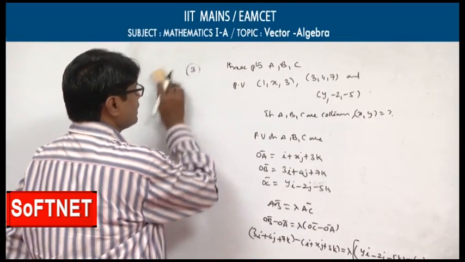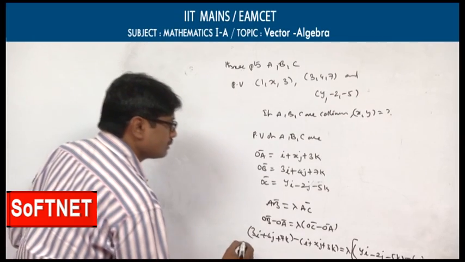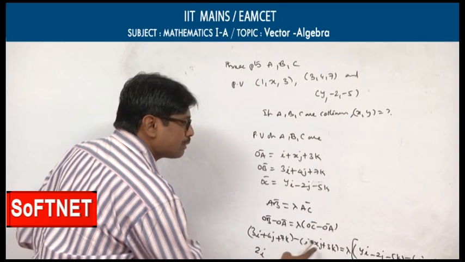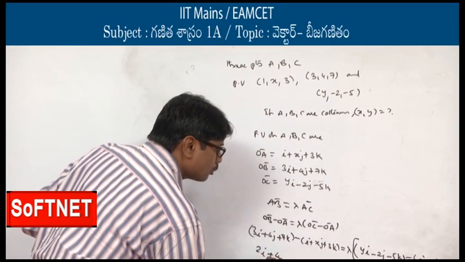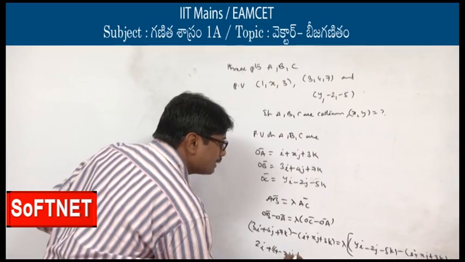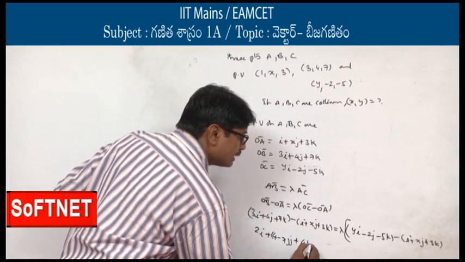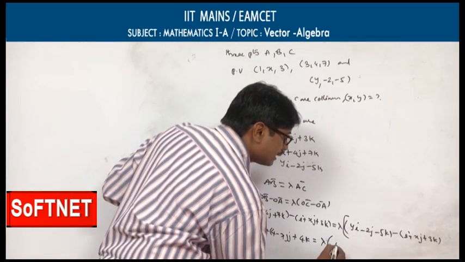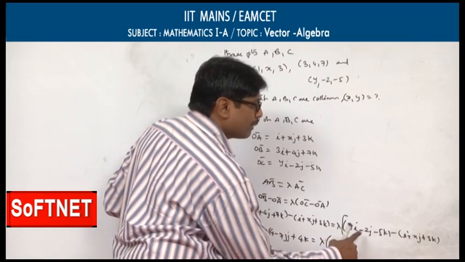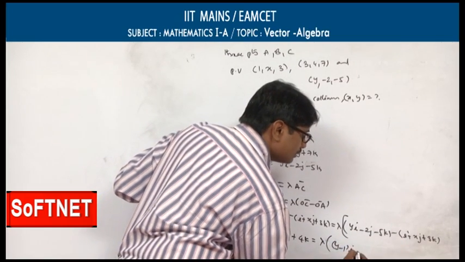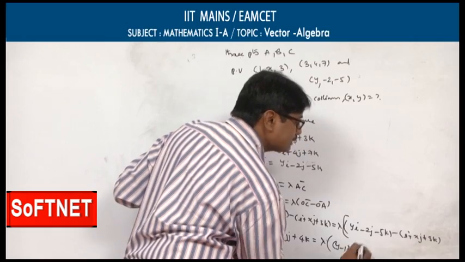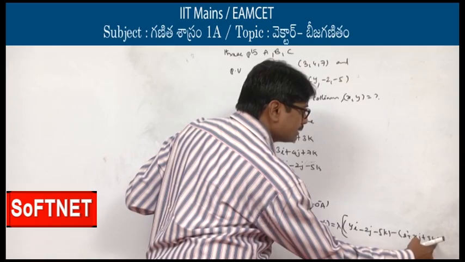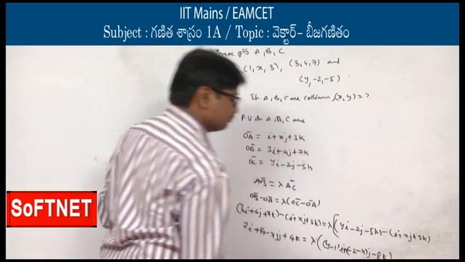On equating, we notice that I bar component wise, 3I bar subtracted by I bar is 2I bar, and 4J bar subtracted by xJ bar is 4 minus x times J bar, and 7K bar subtracted by 3K bar, that is 4K bar, is equal to lambda times yI bar subtracted by I bar, that is y minus 1 into I bar, minus 2J subtracted by xJ bar, that is minus 2 minus x times J bar, minus 5K subtracted by 3K, that is minus 8 times K bar.